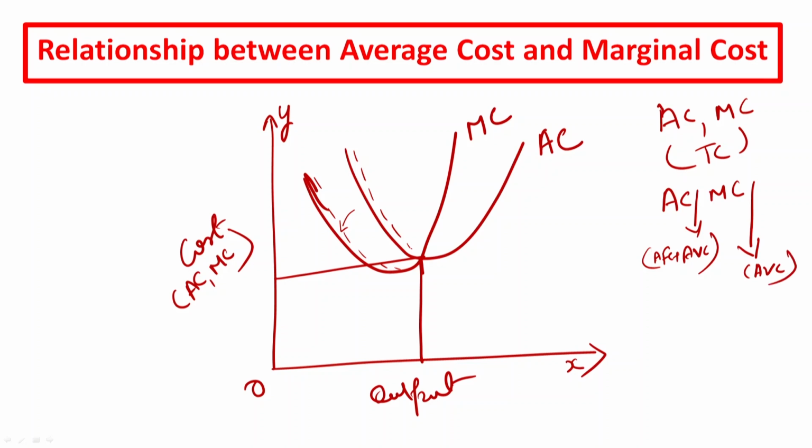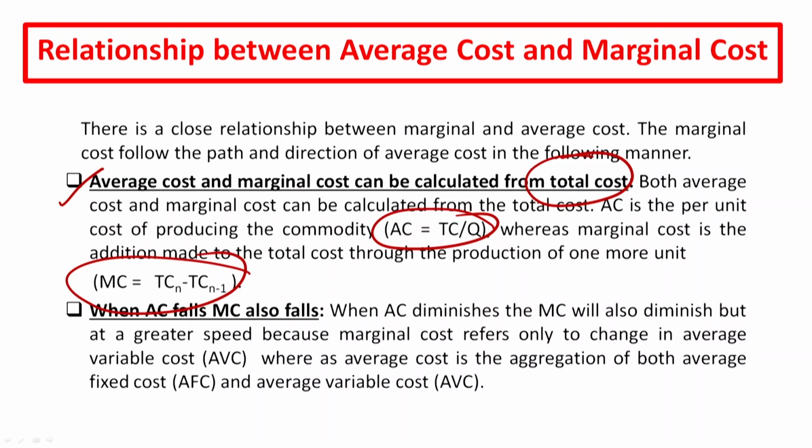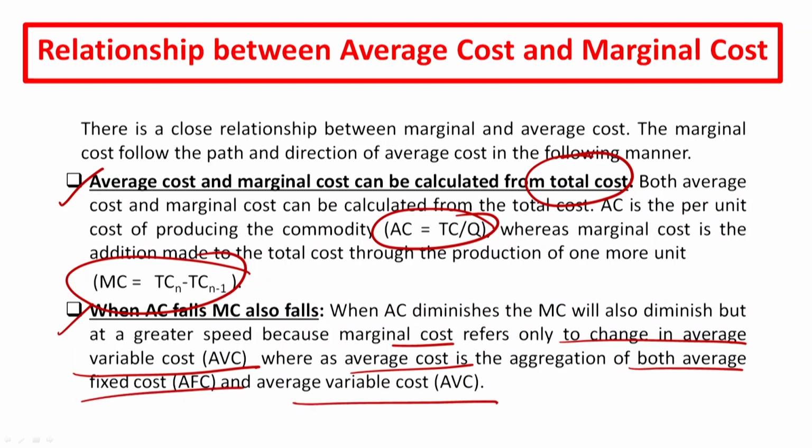And this is explained with the help of this point. When AC falls, MC also falls, but at a greater speed, because marginal cost refers only to change in average variable cost, whereas your average cost is the aggregation of both average fixed cost and average variable cost.